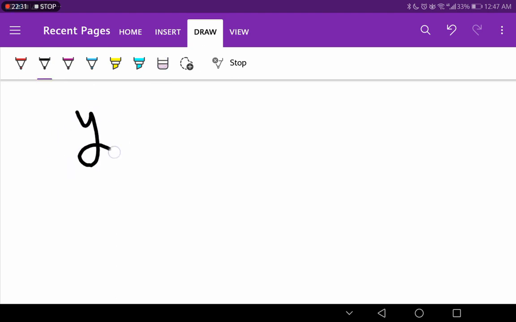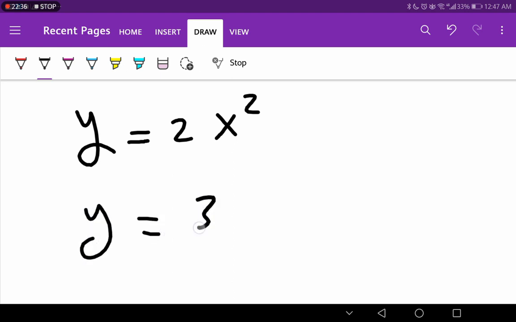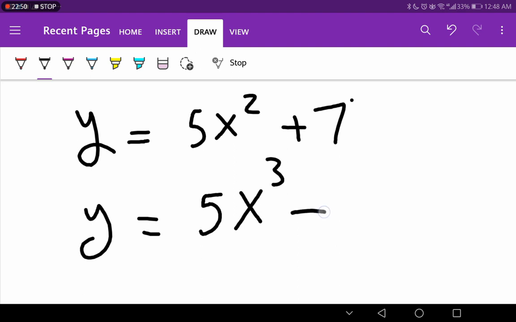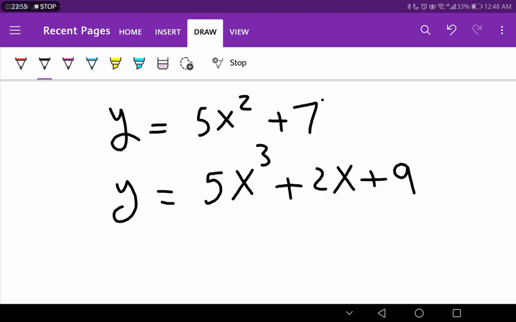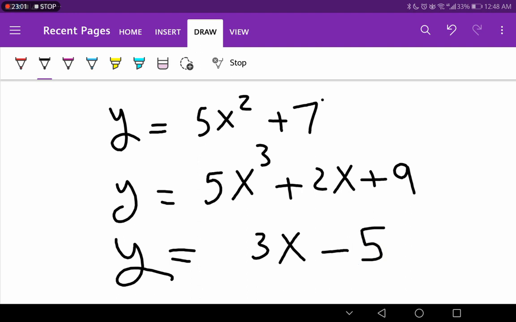If I give you y equals 2x squared, and y equals 5x with the power 3 plus 2x plus 9, and the last one, y equals 3x minus 5, and I ask you, which one is a linear equation, and how do you know? You have to go and see the power of the x.